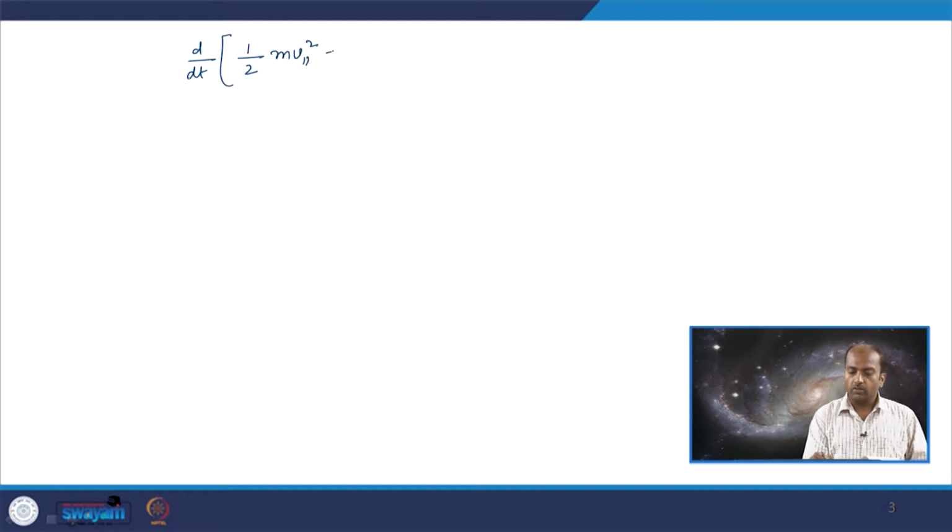Let us say d by dt of half m V parallel square plus half m V perpendicular square is equal to 0.